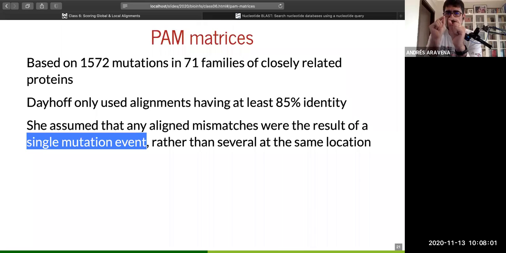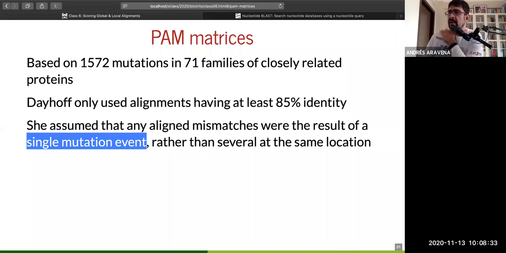You went from leucine to phenylalanine without any intermediate step. In more distant sequences, in proteins that are evolutionarily very separated, you may have an intermediate step, like leucine went to methionine or to isoleucine, and then it went to phenylalanine in a second event. So you say, okay, I will assume a single mutation event.